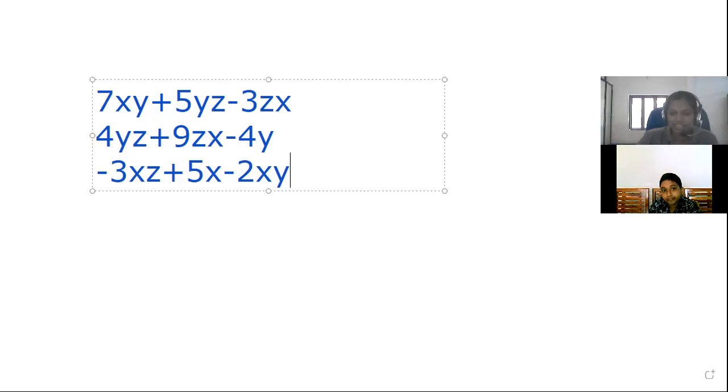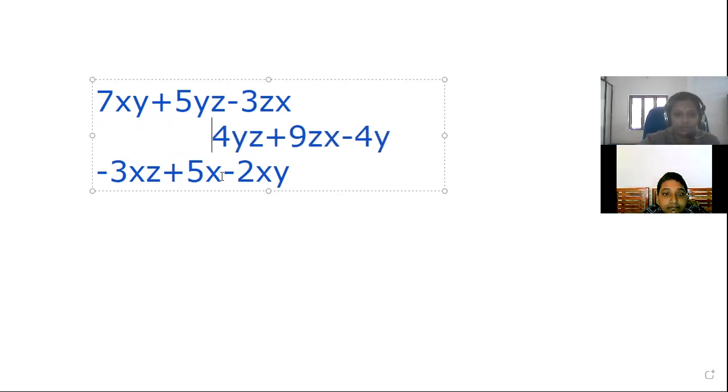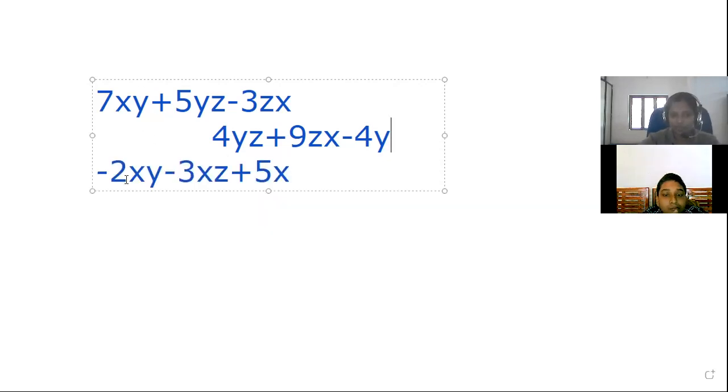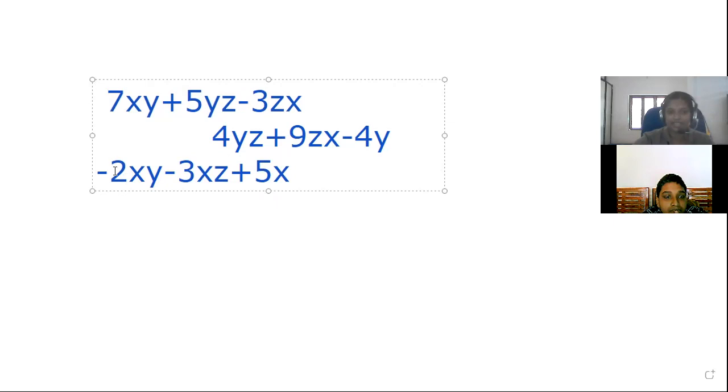Is there any other like term? No. So for ease, we arrange it by placing minus 2xy here. So 7xy and minus 2xy are the two like terms.